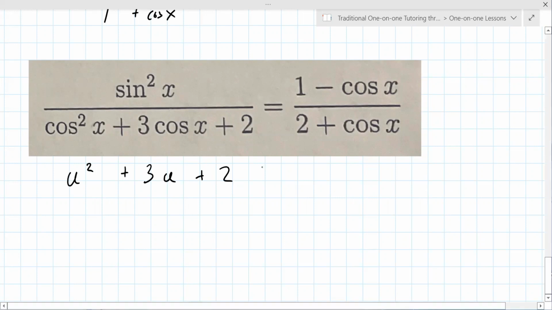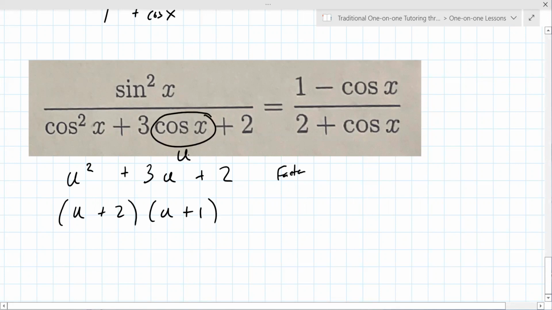Have you seen that before in class? So this factors into u plus 2 and u plus 1. And u is always this middle term without the coefficient. You did that in algebra 2 at some point, maybe even algebra 1. The u is only to make it more familiar to you. It's still cosine, so it's really cosine x plus 2, cosine x plus 1.